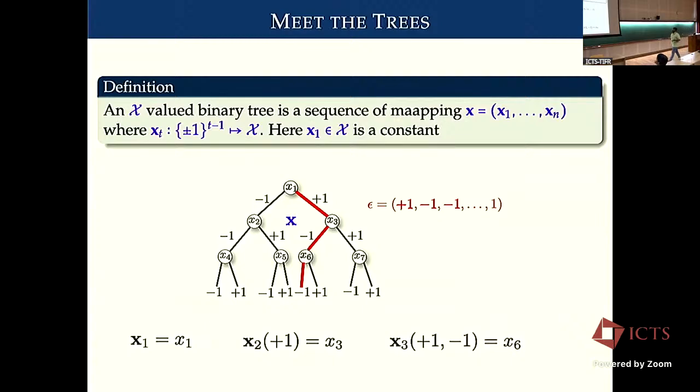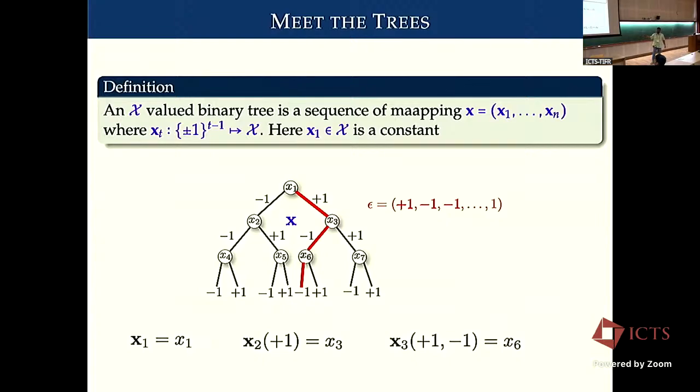Visually, I like to see it in this following form. You can think of it as a binary tree where in each node sits an element of script x, and the plus minus 1 values tell you which path it is. In this example, this entire tree is the bold x.